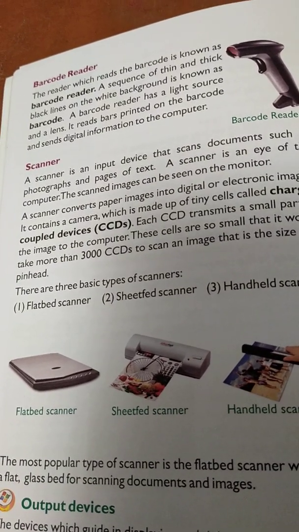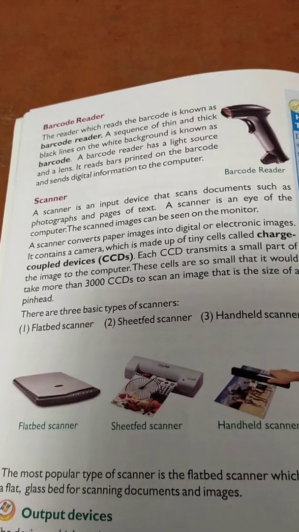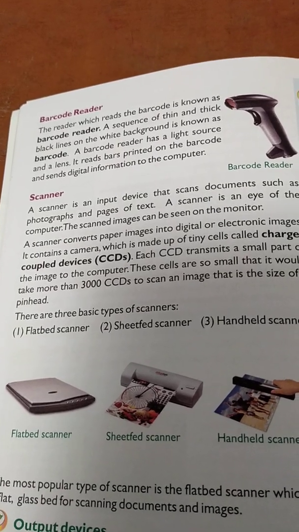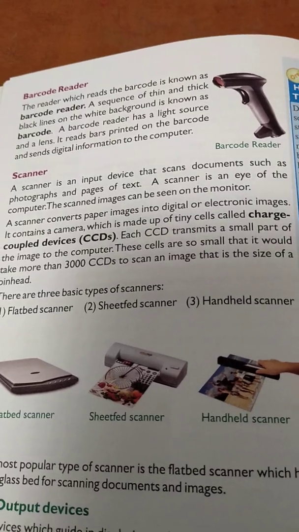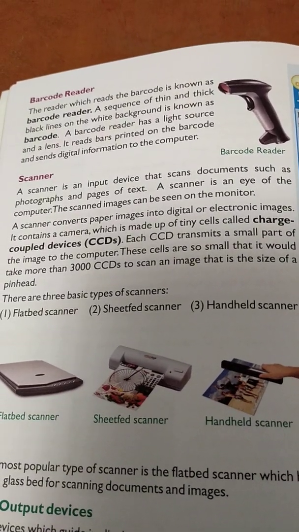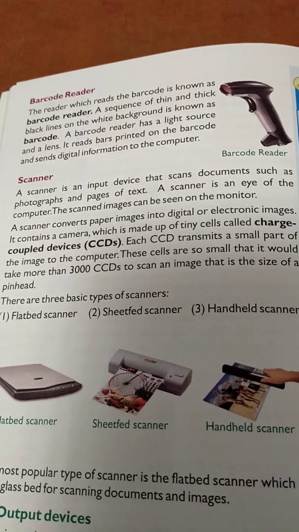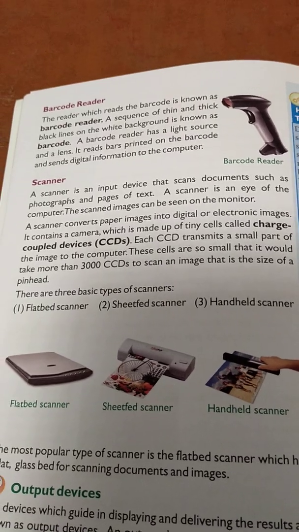The scanner has a camera. The camera is made up of tiny cells called charge coupled devices. What is that? Charge coupled devices. Each cell transmits a very small part of the image to the computer.